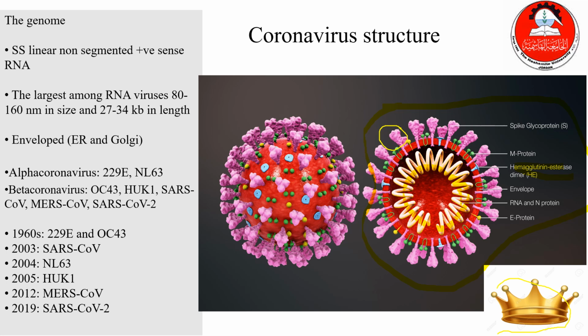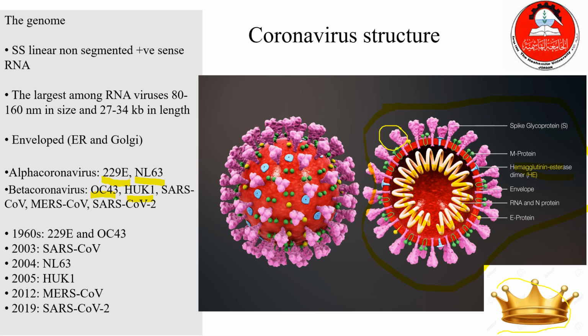We have in the alpha coronavirus the 229E and the NL63 human coronaviruses. Also, we have the OC43 and the HKU1, which are another 2 coronaviruses seen in the beta coronavirus group. Those 4 are responsible for the seasonal common colds that we see every winter.